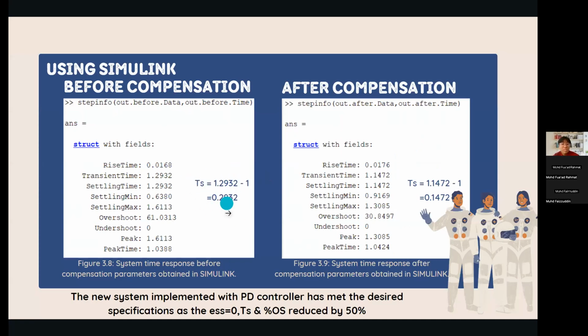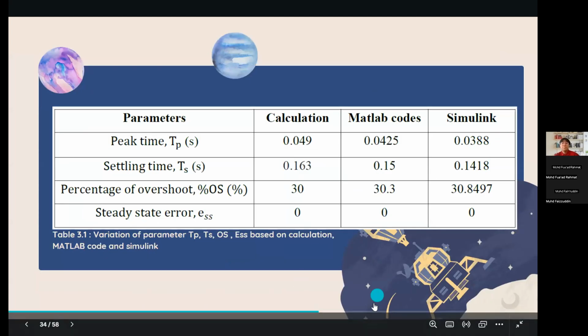Before compensation, the settling time is 0.29, and the new settling time is 0.14. So obviously we decreased the settling time by 50% and also the overshoot by 50%, because it's originally 61 and now it's 30.